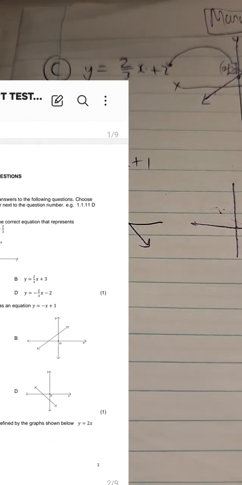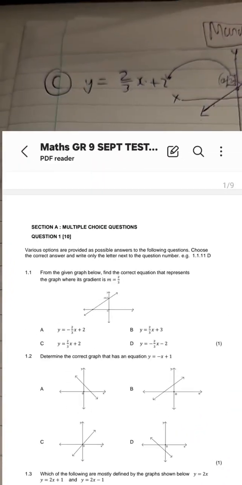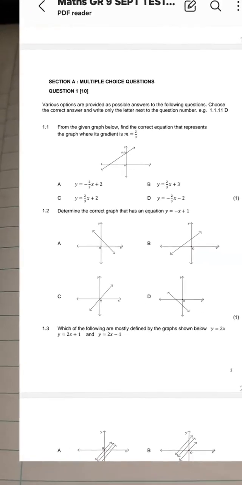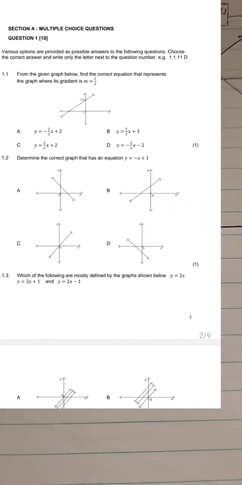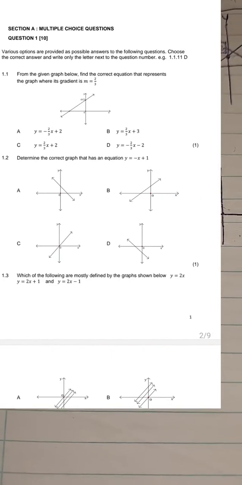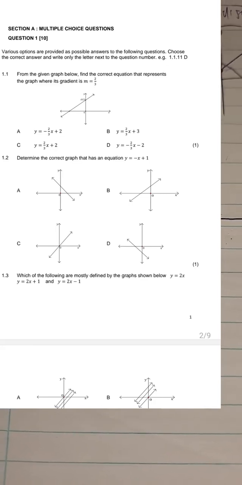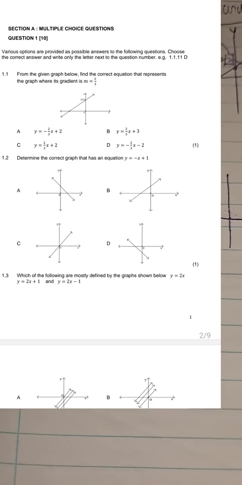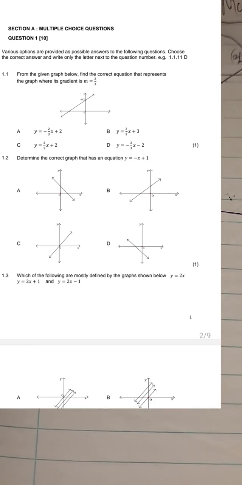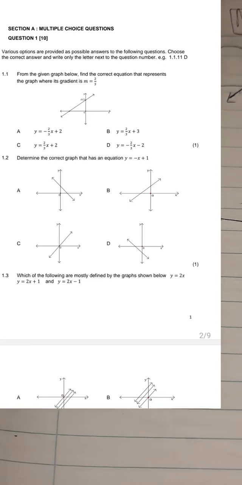Okay, now I just want to bring something to your guys' attention. You see 1.2 has a negative gradient. So if we look at our graphs, B and C can't be the answer.